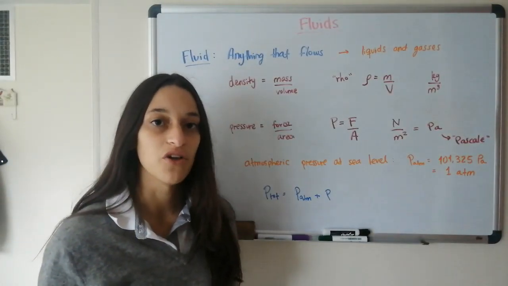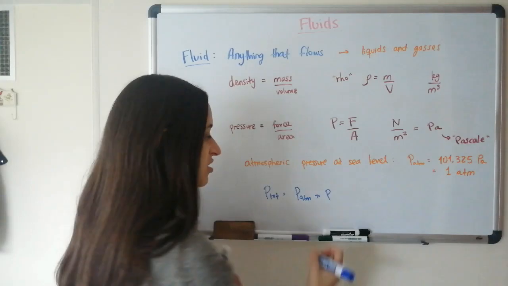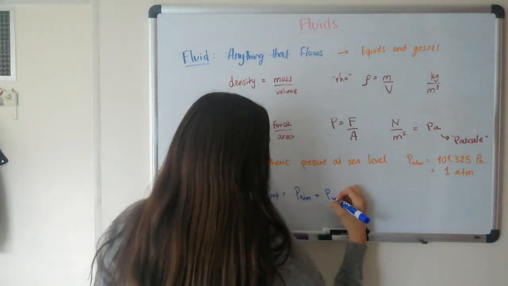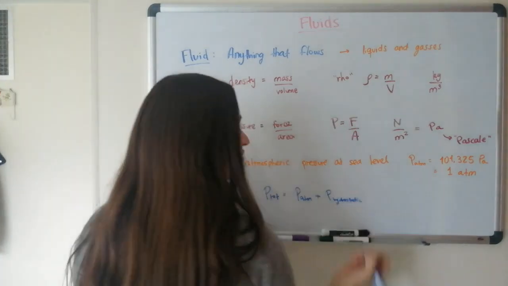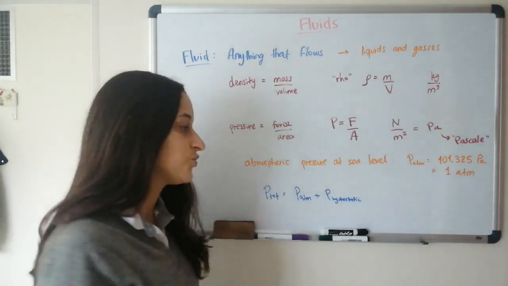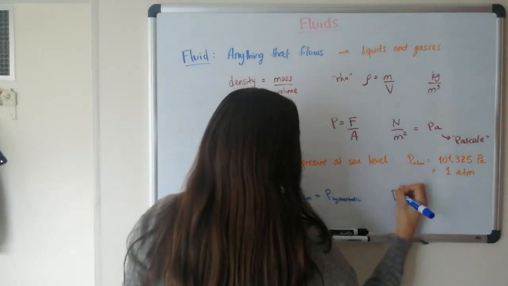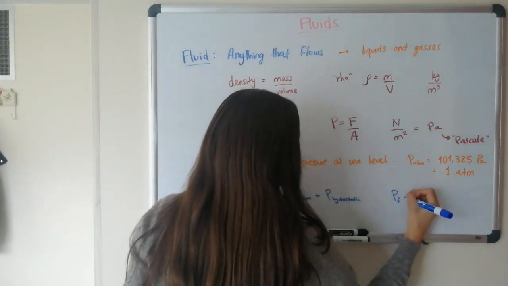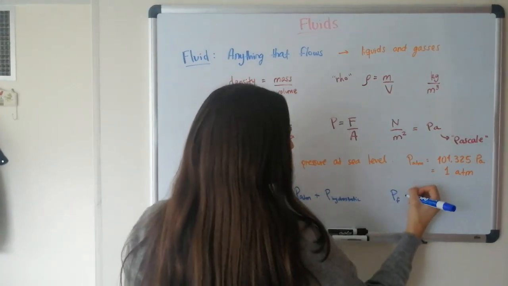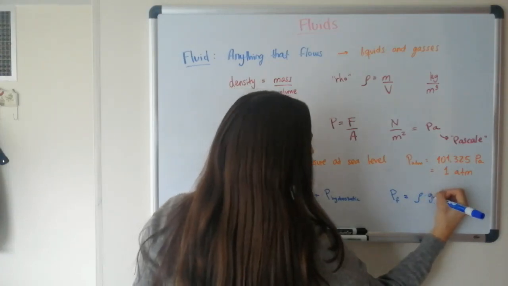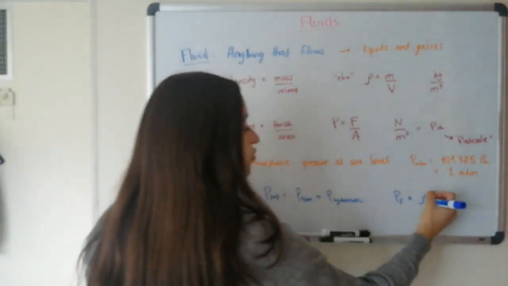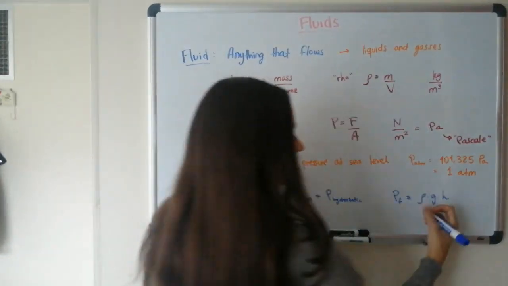So this is what we call the hydrostatic or fluid pressure. And this one actually has an equation that you can use to figure it out. So this P of the fluid, let's call it PF, P hydrostatic, it's the same thing. The equation is rho times g times h. So rho is the density, right?